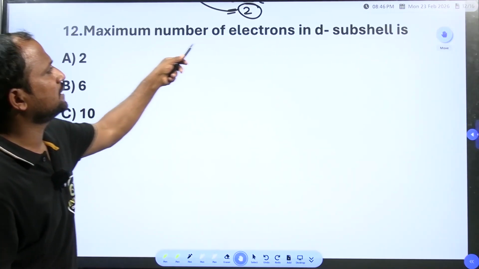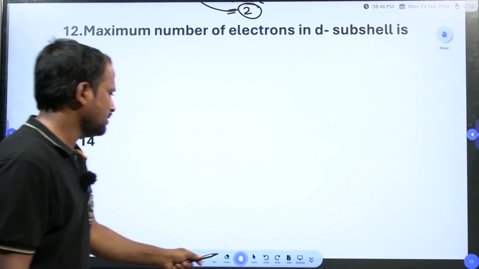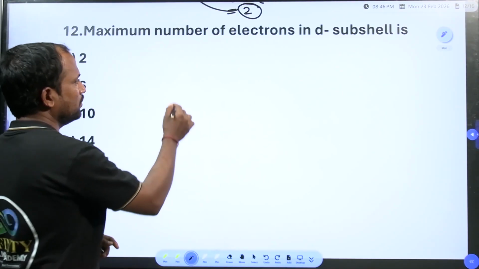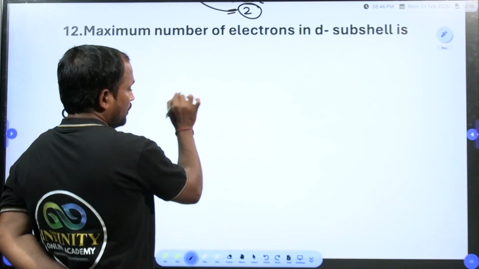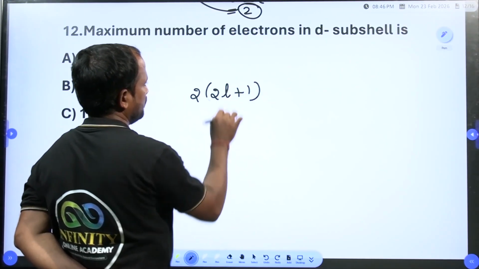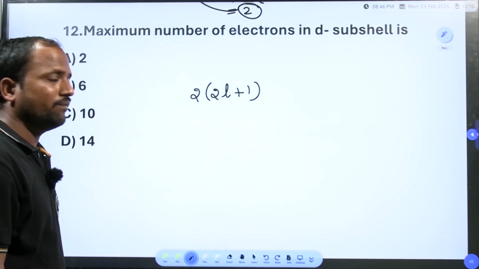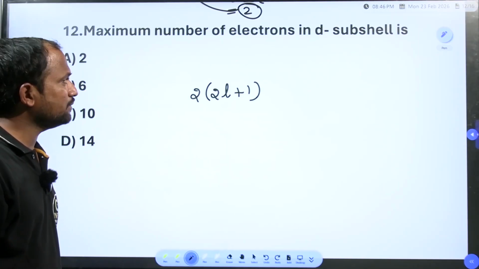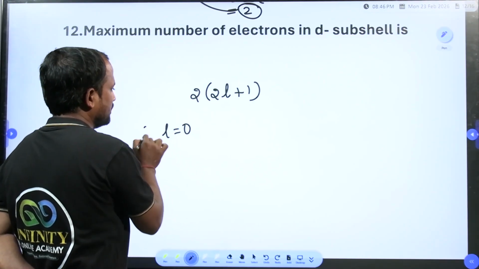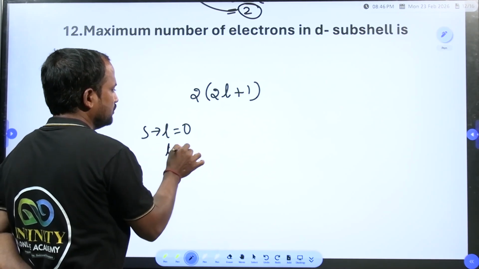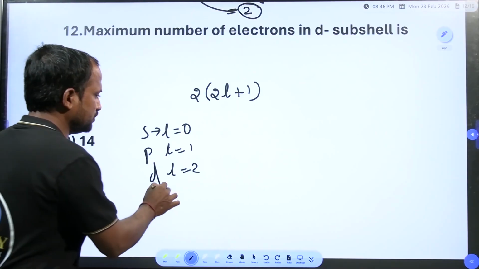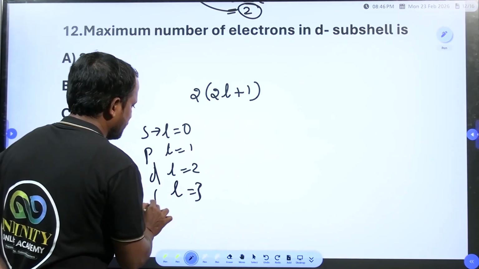Maximum number of electrons in the d subshell. What formula are we going to use? Observe carefully: 2 into (2l plus 1) for the d value. l equals 0 is the s orbital, l equals 1 is the p orbital, l equals 2 is the d orbital, l equals 3 is the f orbital.